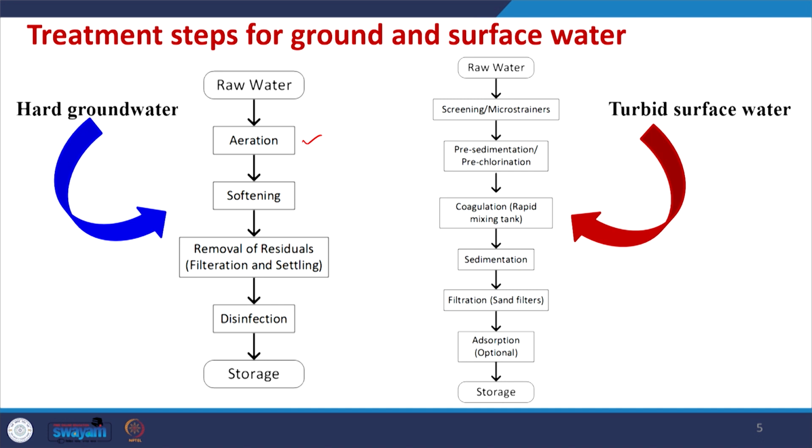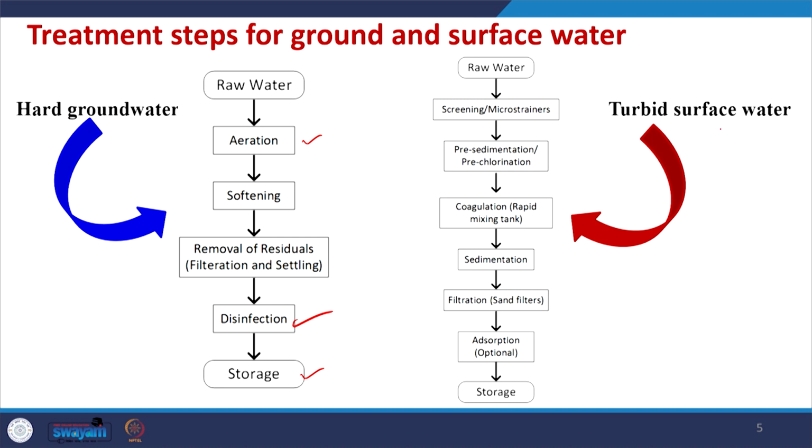Then the removal of residuals is done via filtration and sedimentation. Further, disinfection may be done using various techniques including use of chlorinated compounds etcetera, or by other methods, and further this water is distributed in the society to various residences.